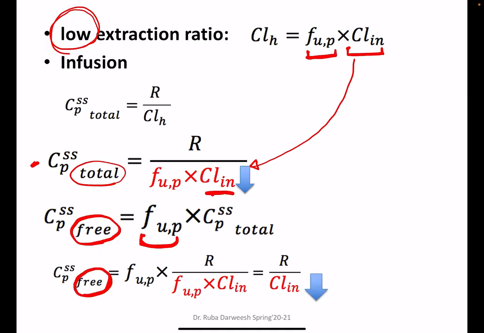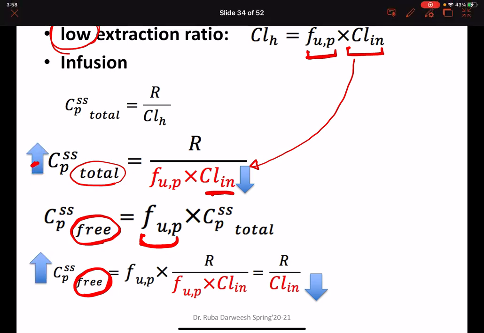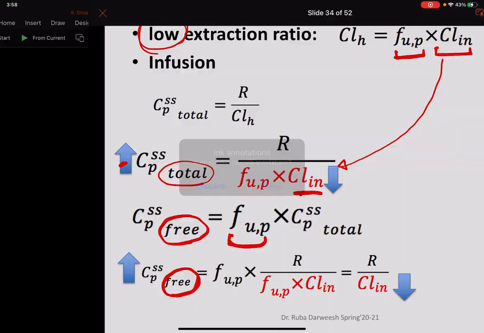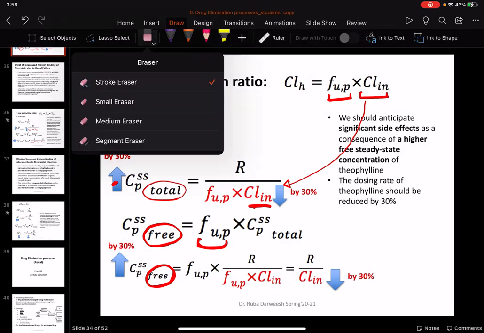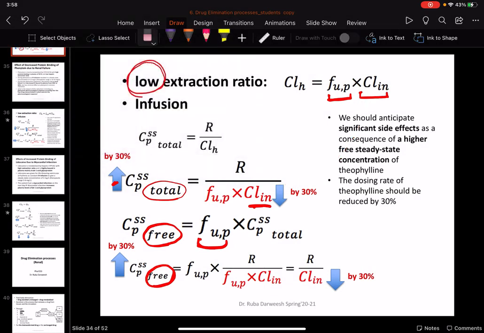If this decreases, what would be the effect on each one of them? The first thing that you need to do is just to write the total and the free concentration.